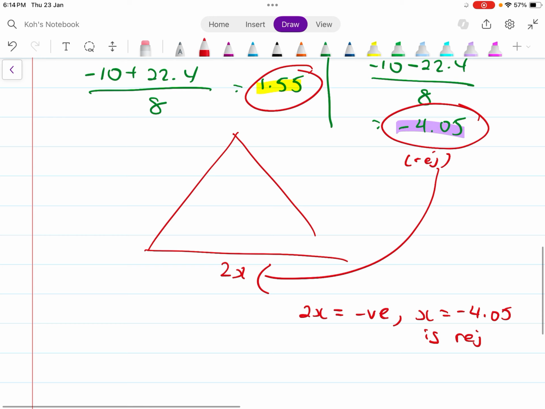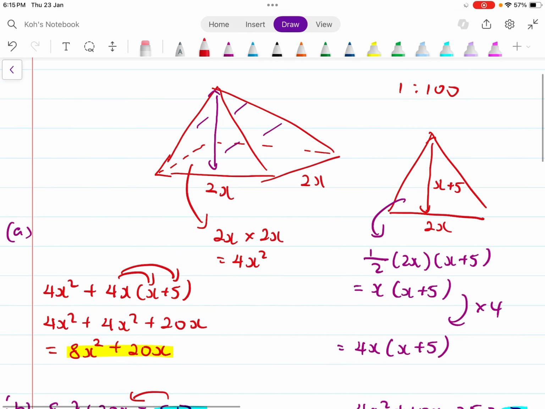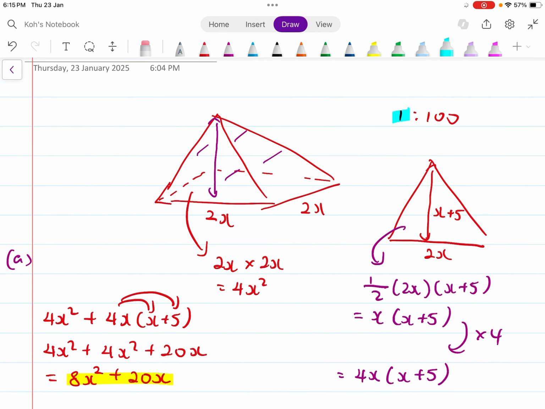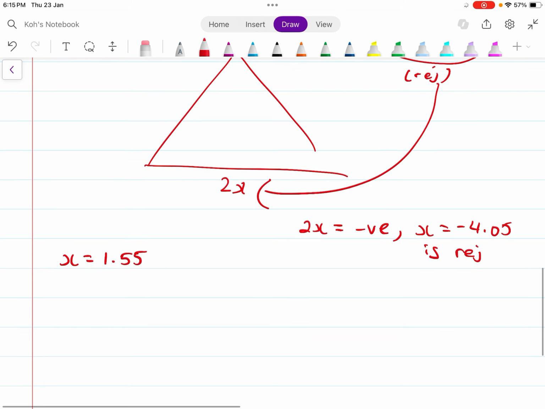Okay, so let's talk about the last part. Find the actual floor area, in terms of meter squared, that the commemorative structure actually occupies. We know x is 1.55, but this is just the model. Remember they already tell us this is the model and this is the real size, so you must multiply by 100 at the end of the day. Actually, we don't need x, because we already know the area of the model is 50 cm squared.